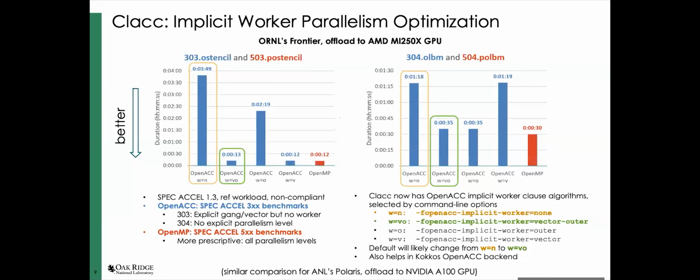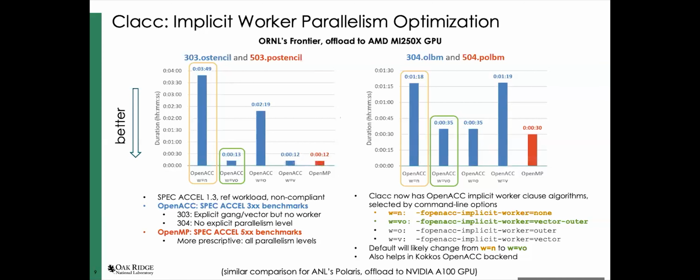In particular, OpenACC code often doesn't specify levels of parallelism, putting more burden on the OpenACC compiler to achieve good performance. Another reason is that OpenACC codes that do specify levels of parallelism often specify vector parallelism, but not worker parallelism, due to the historical behavior of other OpenACC implementations.